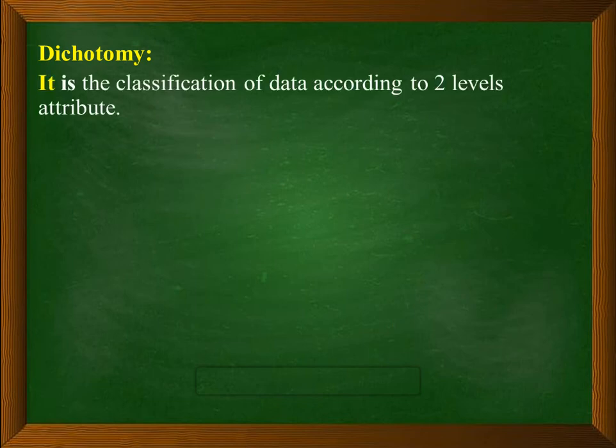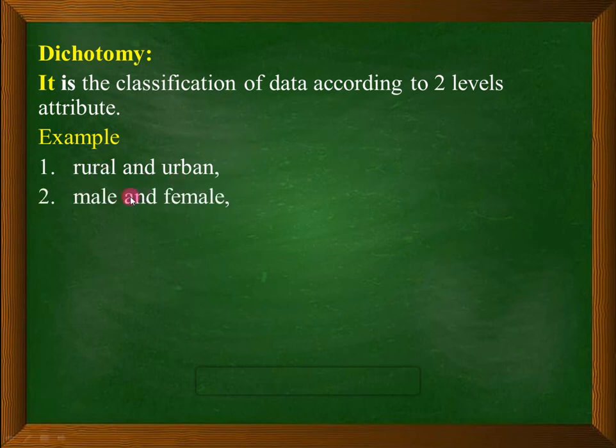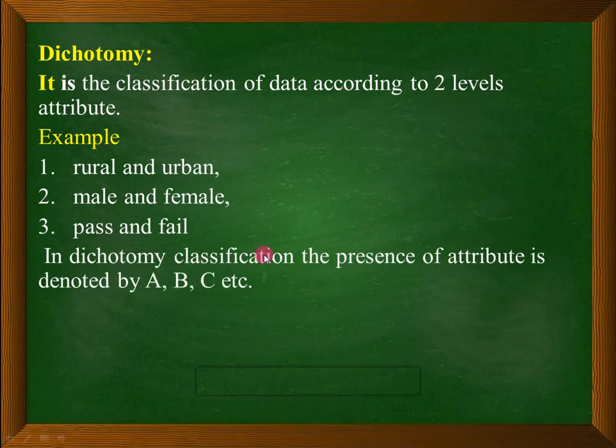Dichotomy. Now what is dichotomy? Dichotomy is the classification of data according to 2 levels of attribute. Classification of data as rural and urban, male and female, pass and fail are the example of dichotomy classification.